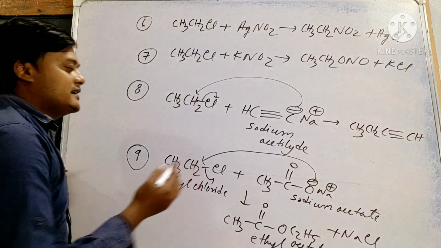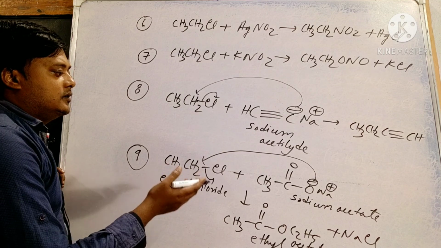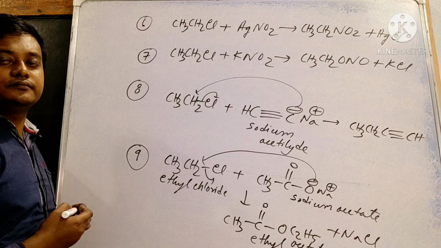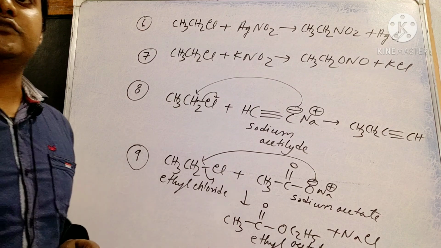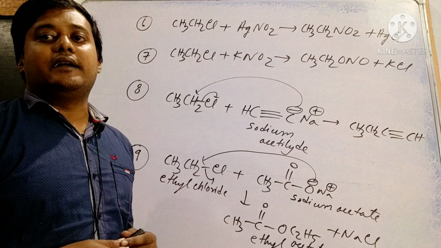So alkyl halide reacts with alkanoate to form ester. So these are the reactions alkyl halide undergoes.